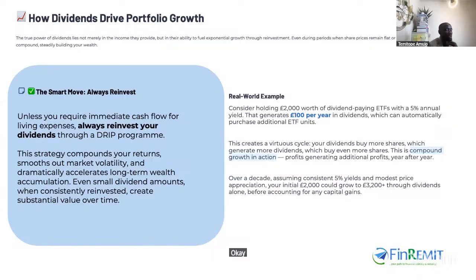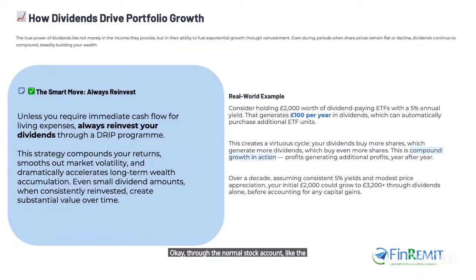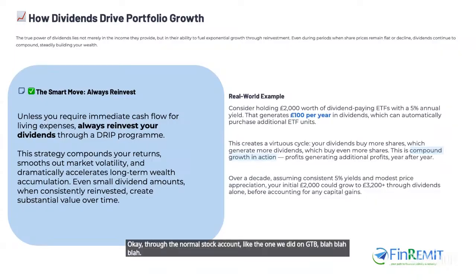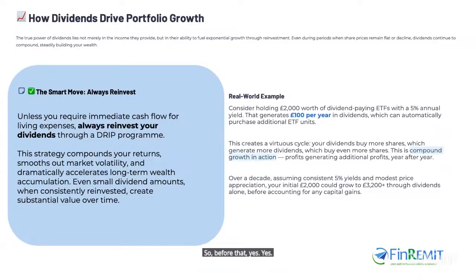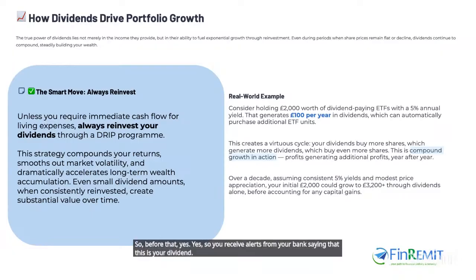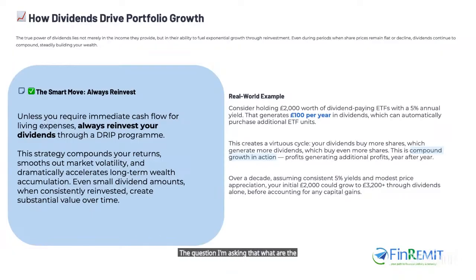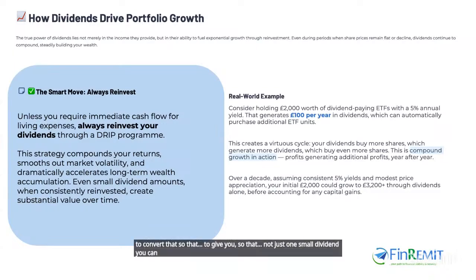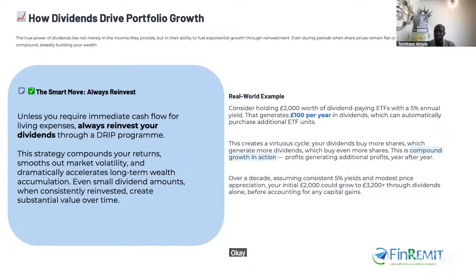Okay, through the normal stock account, like the ones we did on GTB and so on. So you receive alerts from your bank saying that this is your dividend. The question is, what is the procedure so that all those small dividends you can plow back to buy more of that share, instead of just receiving them?